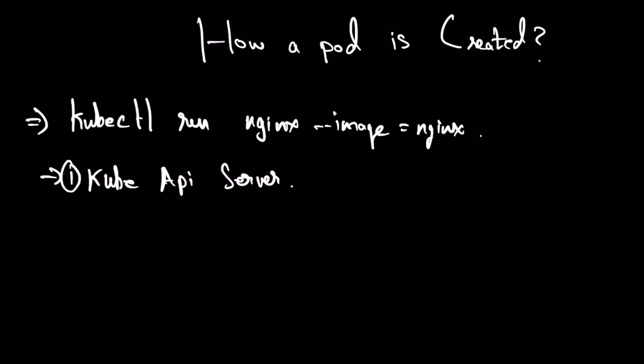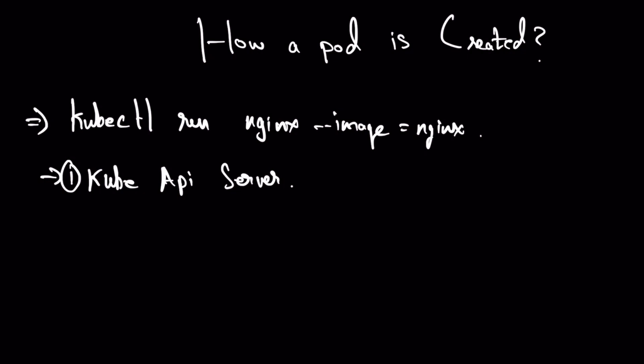So what this Kube API server does is it takes this command and it does the API server side validation to ensure that all the criteria match. For example, if the particular syntax is correct, if the particular image is correct, everything, the validation would be done.